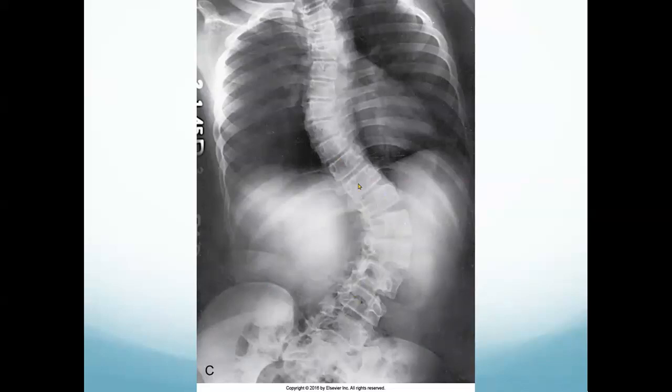There's scoliosis, and there are actually two curvatures, one here laterally towards the left, one towards the right. The problem, if not corrected, is that the lateral curvature will continue to become more prominent, compressing the abdomen and also the chest, so patients will have difficulty breathing.